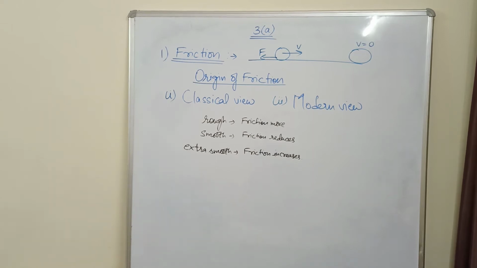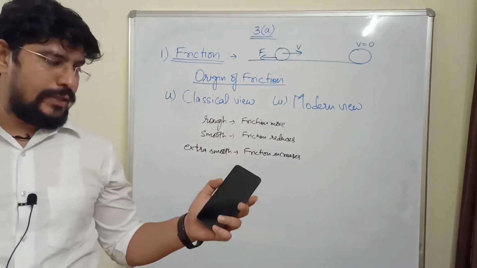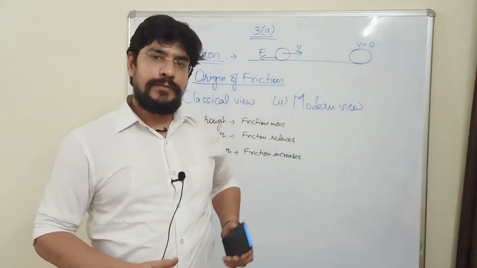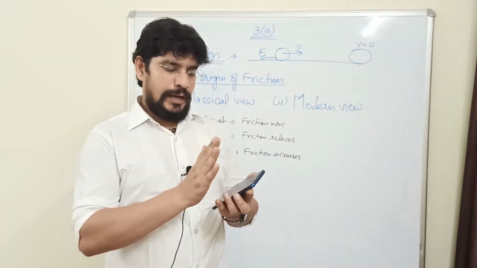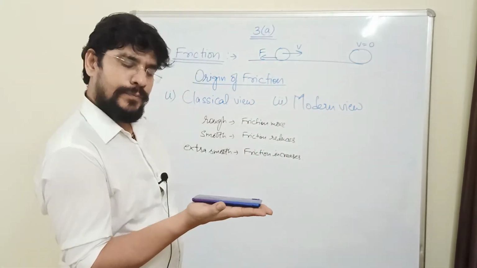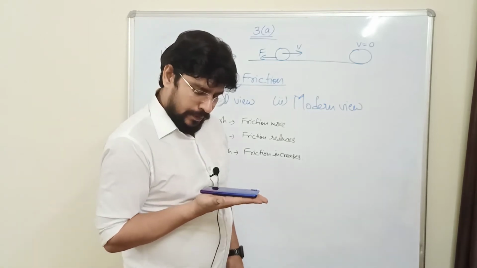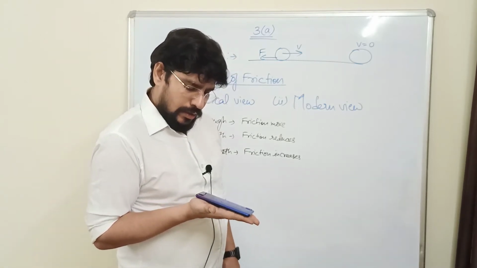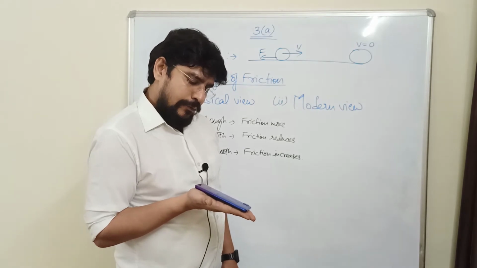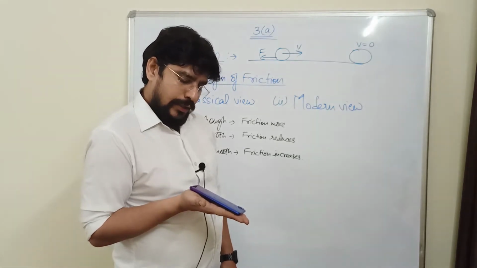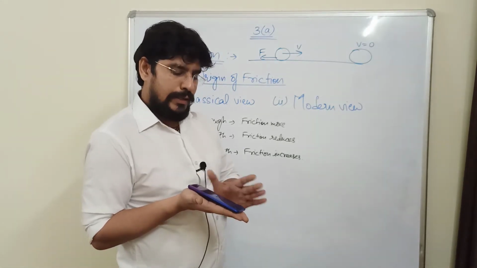I can take an example of a mobile phone, a very common object. You can see this mobile surface is very smooth. If I am holding this surface like this and tilting it, the force of friction is working and this mobile is not going down.